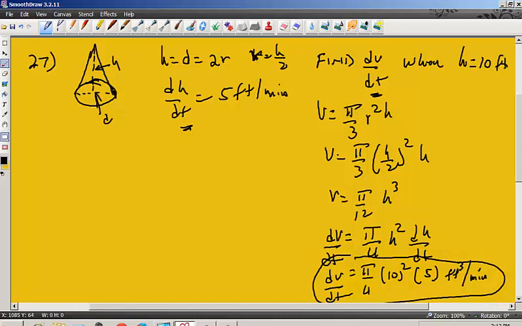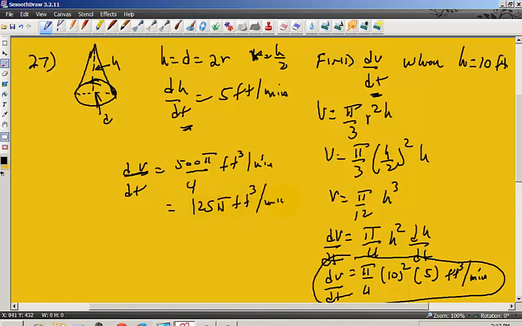That's 500 pi over 4, which is 125 pi. You don't have to simplify. That's it.